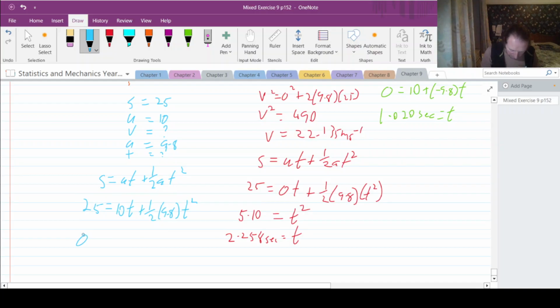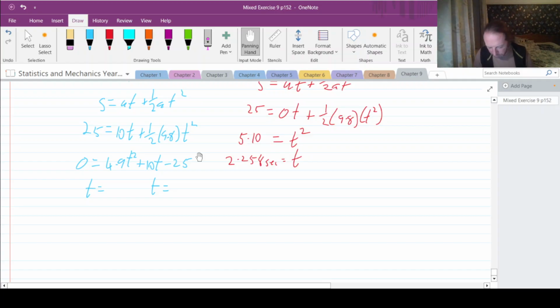So we end up with 0 equals 9.8 halved, which is of course 4.9, so 4.9 t squared plus 10t minus 25. That gives us t by the quadratic solver on the calculator.